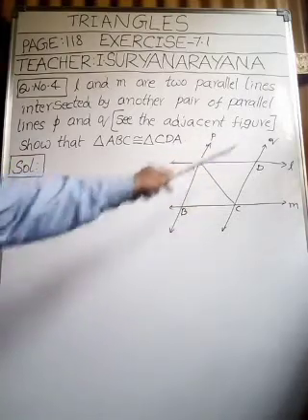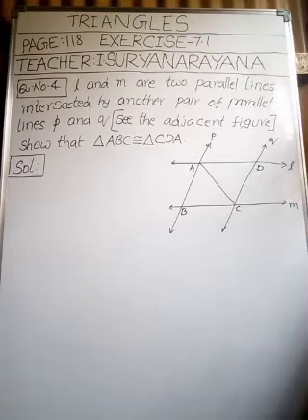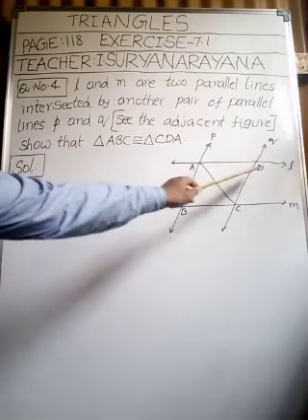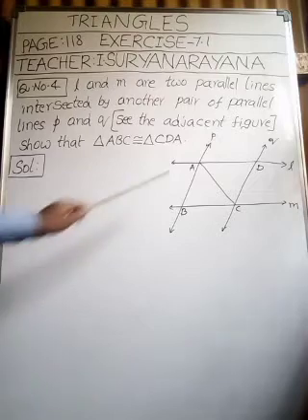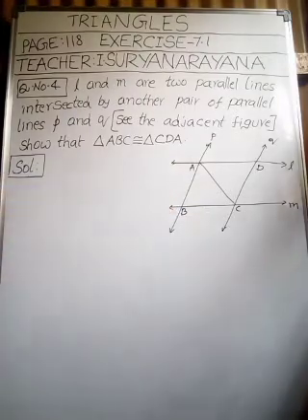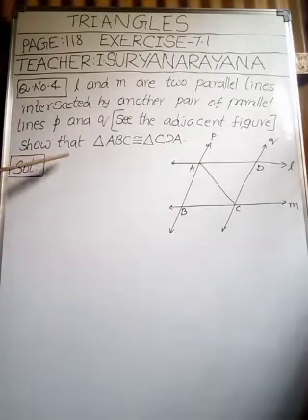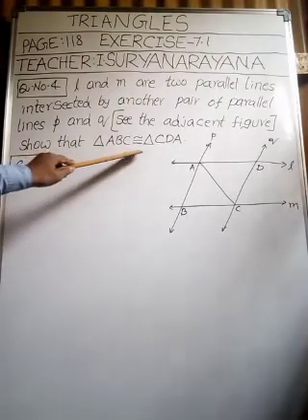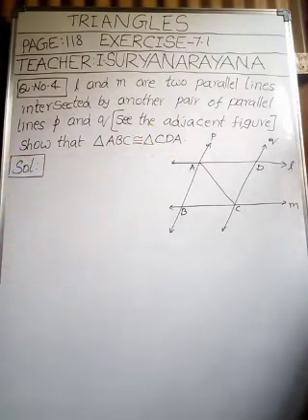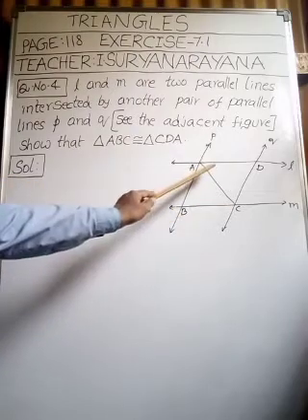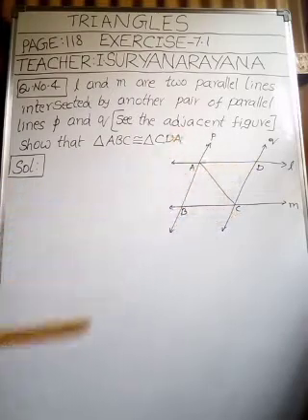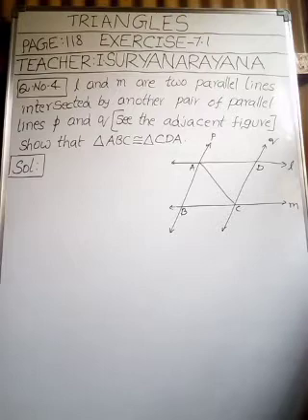They are intersecting these two parallel lines L and M at 4 points, namely A, B, C, D. Then show that triangle ABC is congruent to triangle CDA. We have to prove that triangle ABC is congruent to triangle CDA. Okay, my children, understood the question?